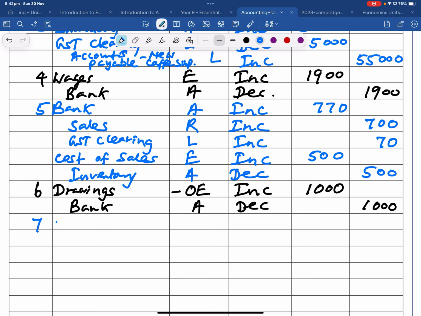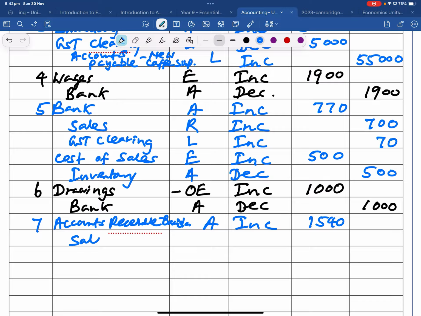Accounts receivable, Barista, not Batista. How much? Asset increase, decrease? Increase. How much? 1,540. Okay, everyone agrees. 1,540. Where do you credit, guys?